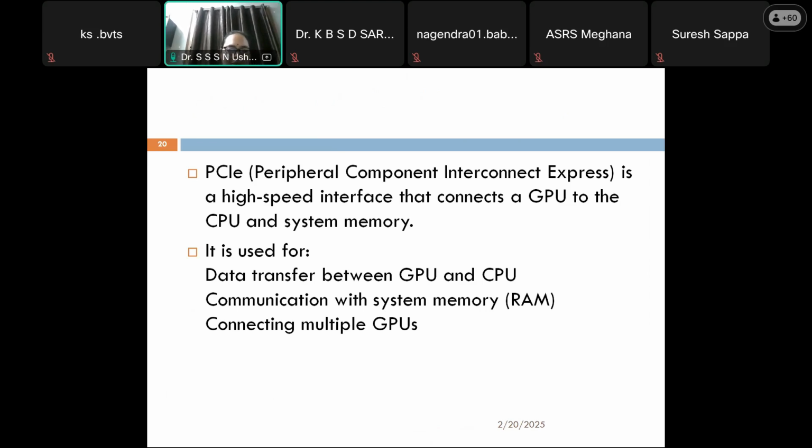And again it will bring the result back, right? Initially everything is saved in RAM only. Connecting multiple GPUs also requires PCIe. You may assume that only one GPU is present, but that is not always the case. If the system is very large and we are doing high level computations, we may use multiple GPUs, and these multiple GPUs can also be connected with PCIe.